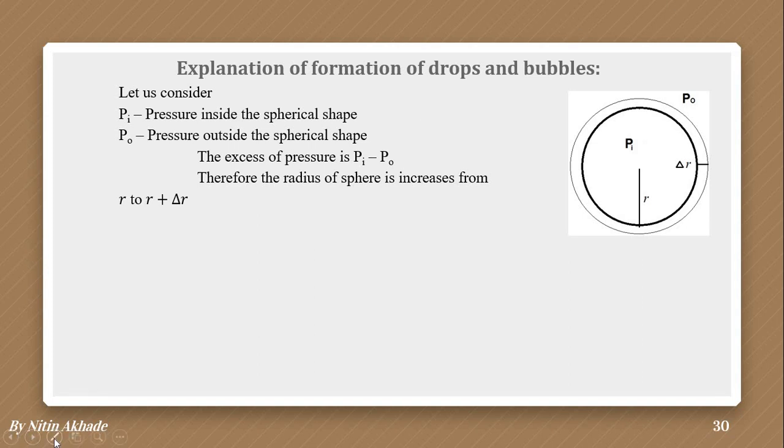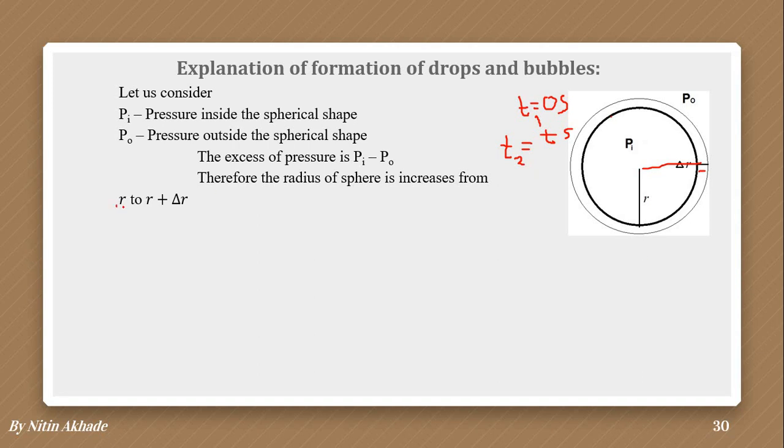Initially, the dark line shows the sphere at t equals 0 seconds. After t seconds there will be an increase in the shape of the bubble, and the increase in radius will be delta r. So the total radius will be r plus delta r.